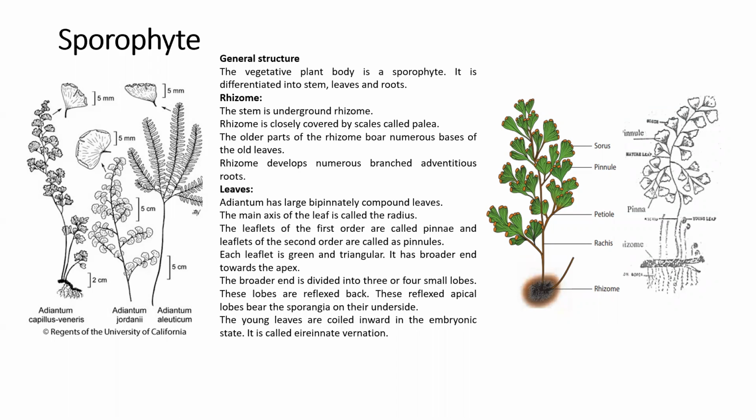Sometimes the older parts of the rhizomes bear numerous bases of the old leaves, and the rhizome develops numerous branched adventitious roots. These are the fine, hair-like structures at the rhizome in an adventitious manner, and these are known as roots. So next is the leaf.